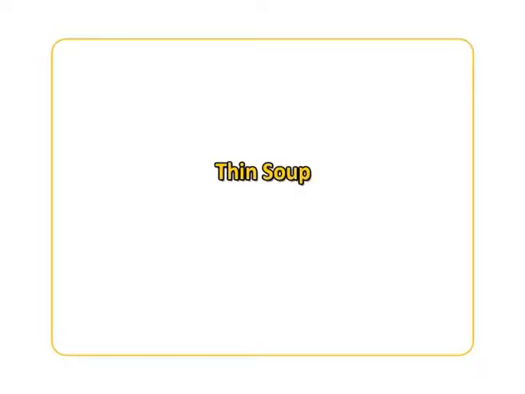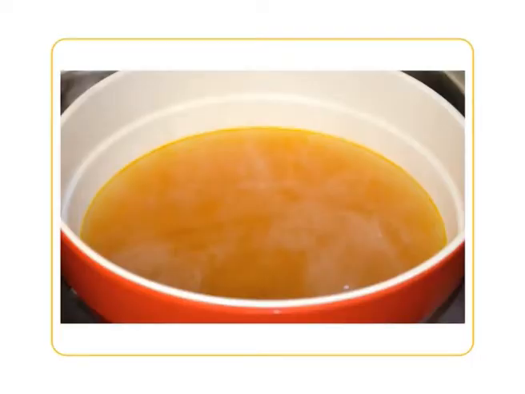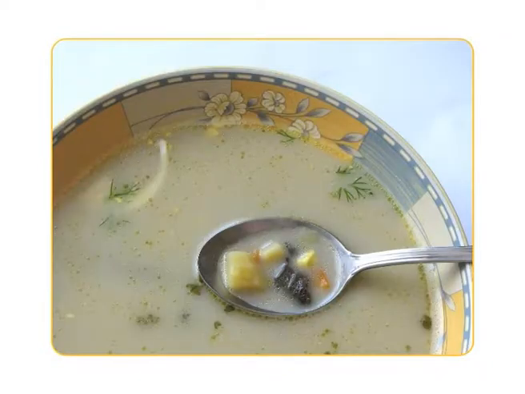First, thin soup. Thin soups are all based on clear, unthickened broth or stock. They may be served plain or garnished with a variety of vegetables and meats. Thin soup is further divided into two categories, passed or clear soup and unpassed soup.